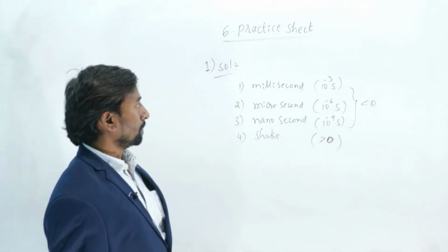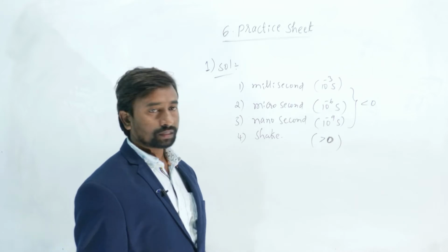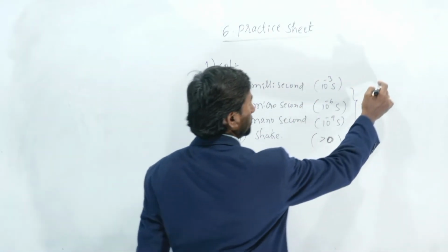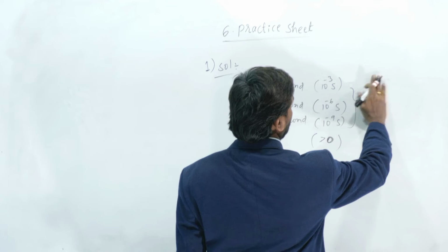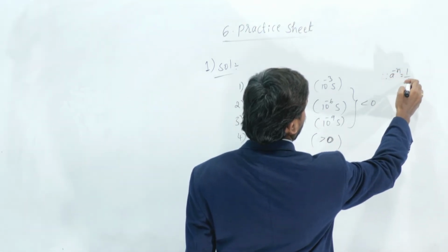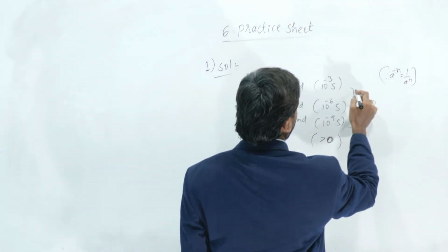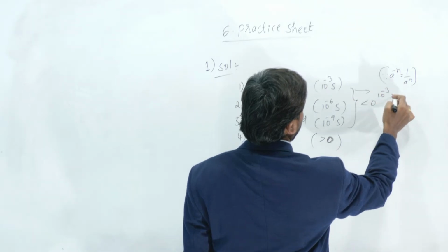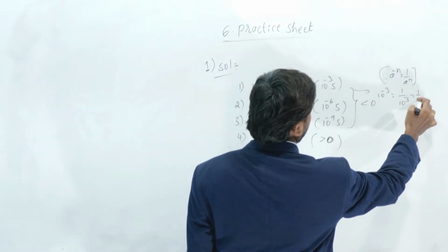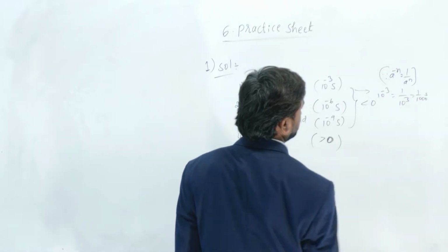So milli means 1 by 10 to the power of minus 3. From the formula a power minus n is nothing but 1 by a power n, we can write 10 to the power of minus 3 as 1 by 10 to the power of 3, which means 1 by 1000 seconds.